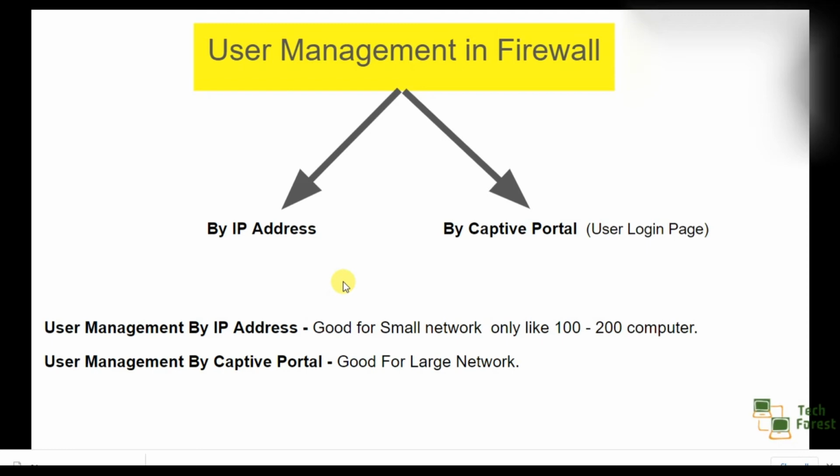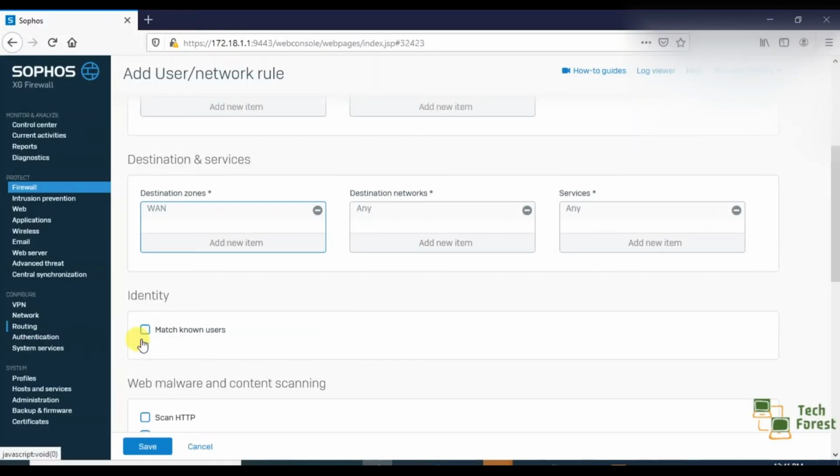But if we are part of a large network, this IP address management will not work sufficiently, so we have to follow the captive portal. Here we will use DHCP. So in the identity, this match known users, we will not check this box.